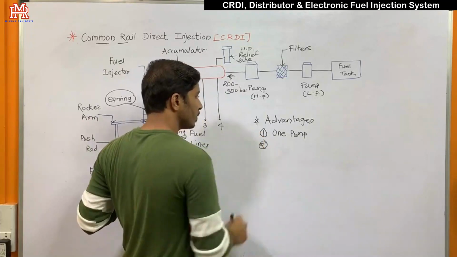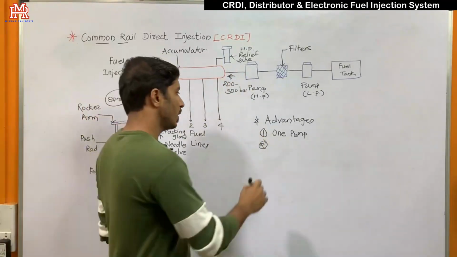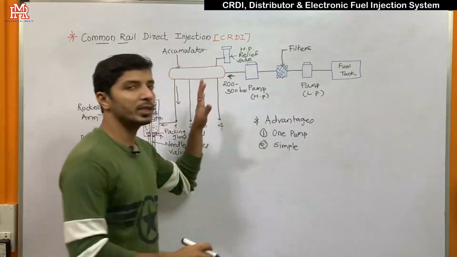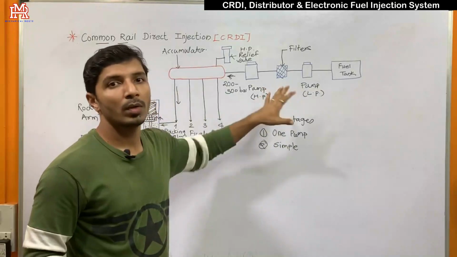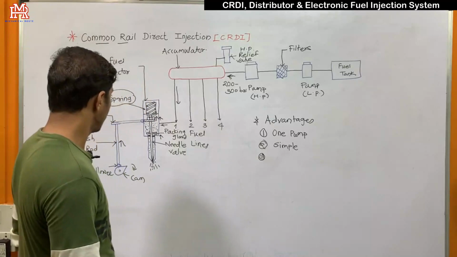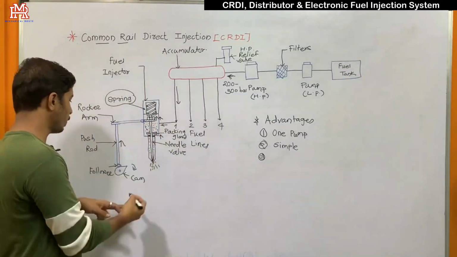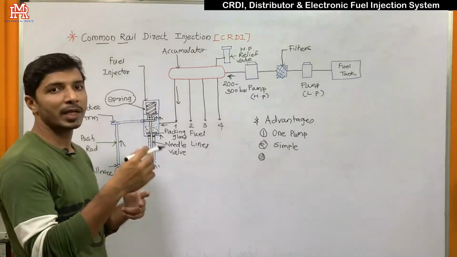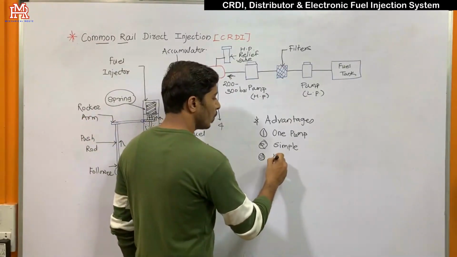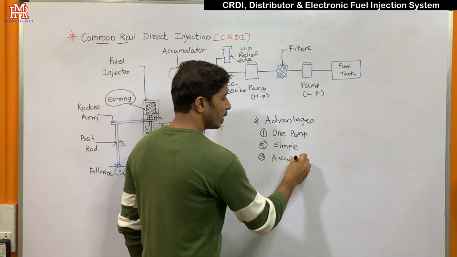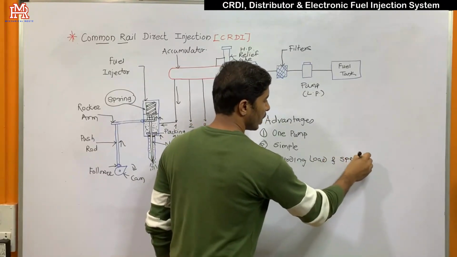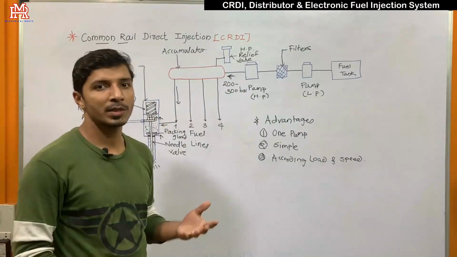Second, the construction of this system is very simple, simple to design and simple for maintenance. Third, as the opening and closing of these valves takes place with the help of the camshaft, and the camshaft is connected to the crankshaft, according to different load and speed conditions, the fuel will be sprayed in the combustion chamber.